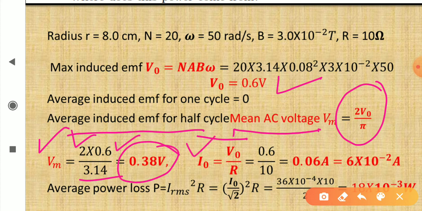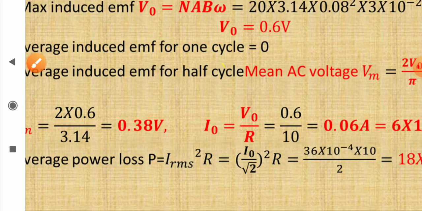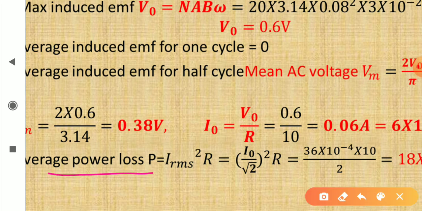And now peak current you have to find out. So peak current is V0 upon R, peak voltage upon 10, that is 0.06 ampere, or 6 into 10 raised to the power minus 2 ampere. That is the peak current. And now you have to find out the average power loss due to Joule's heating.